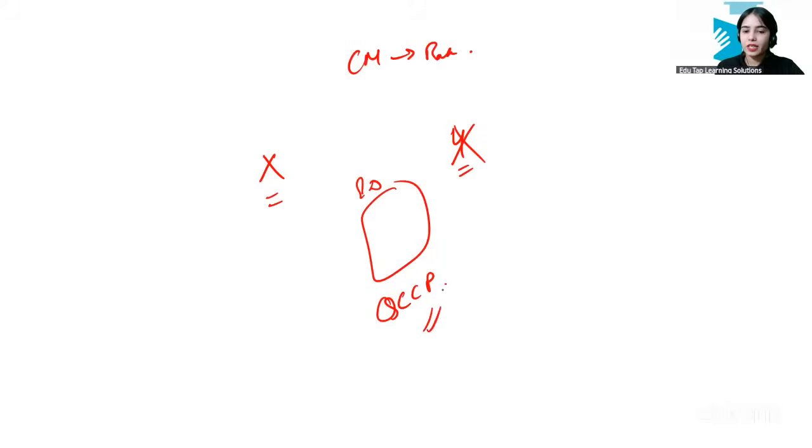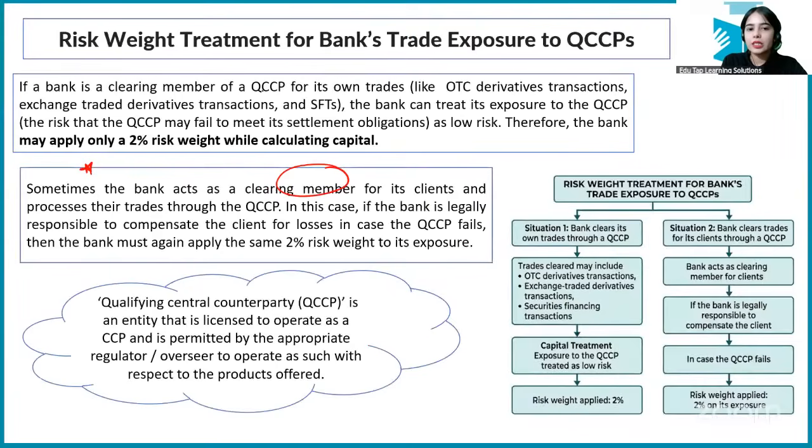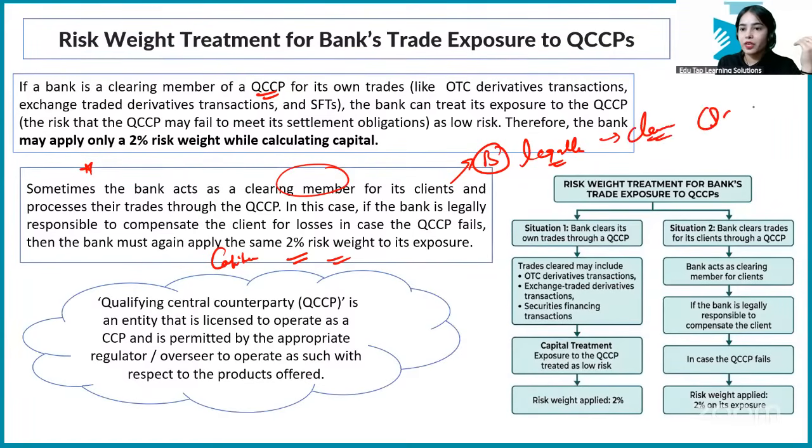The qualified central counterparty. What if the qualified central counterparty also defaults? Then who is responsible for clearing this transaction? The clearing member. So it is basically said that even if there is a qualified central counterparty present for your own trades or for the trade of the client, you have to maintain the capital against the 2% of risk weight if the bank is legally responsible to clear the trade if the qualified central counterparty fails.